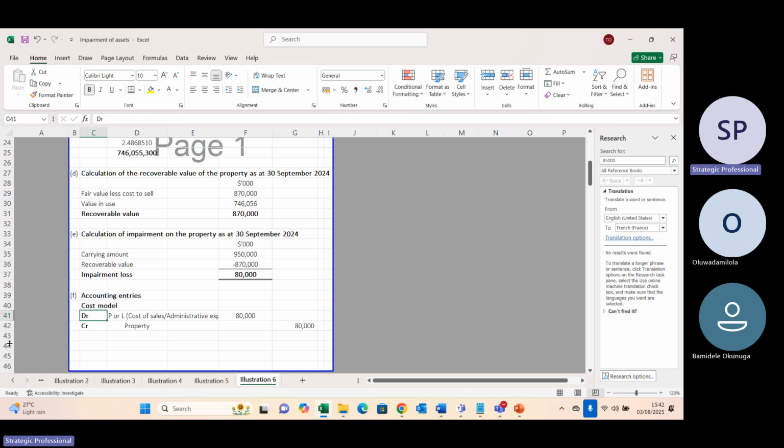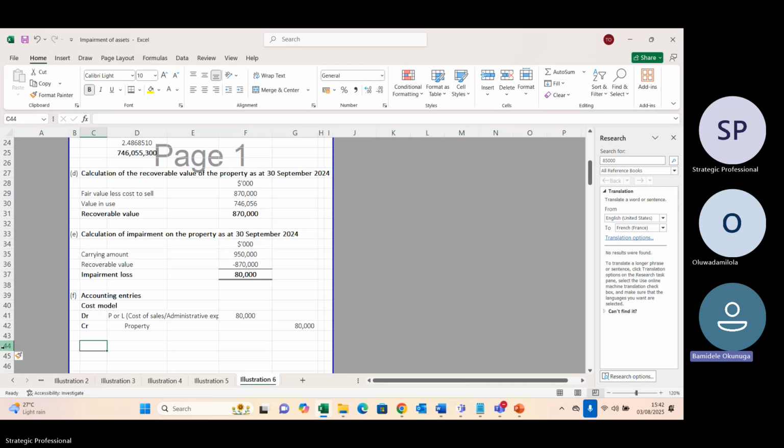However, this question said that they use what? Revaluation model. When they are talking about the revaluation model, they are trying to adjust the value of that asset to meet current economic reality. We can have either revaluation surplus or revaluation deficit. For the purpose of this topic, let's focus on revaluation surplus.